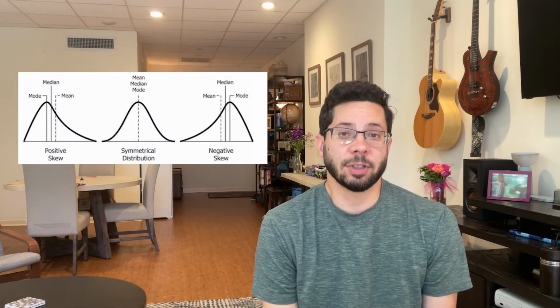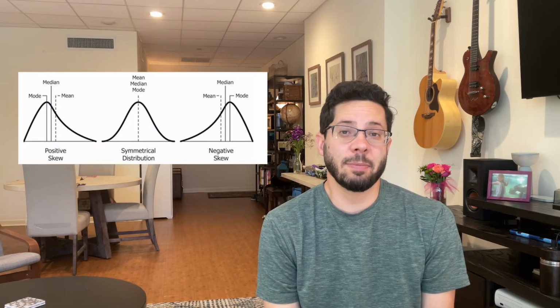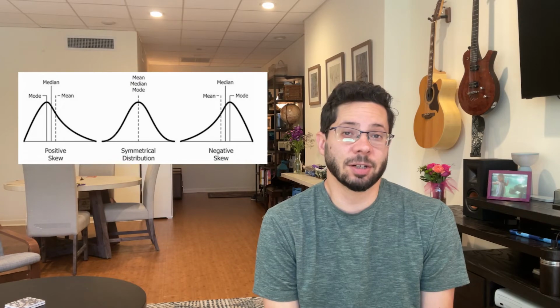But you'll see what happens is that the mean, median, and the mode are more spread out in skewed distributions such that the mean gets pulled more towards those extreme scores, whereas those extreme scores don't really affect the median as much and certainly don't affect the mode at all.